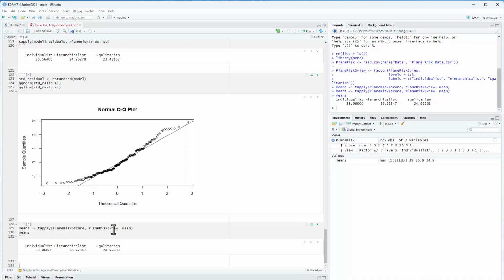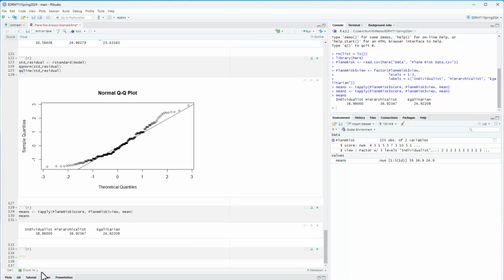So if I wanted to set up the contrast now, let's go ahead and do that. I'm going to put in another code chunk. And let's go ahead and calculate contrast. So I'm going to have my first contrast, I'll call it contrast 1. I'm going to have contrast 1 be the means for individualist minus the means for hierarchicalist.